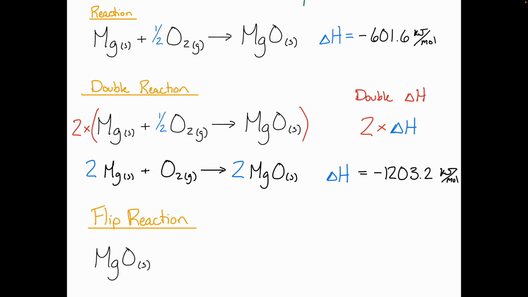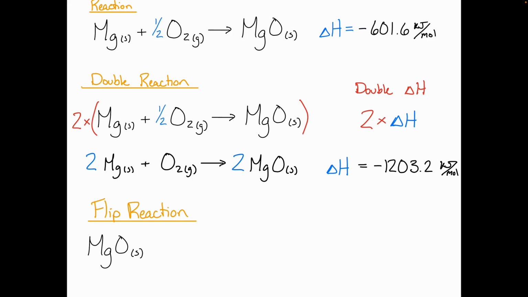But now I'm going to do this decomposition reaction. I'm going to take formerly my product magnesium oxide, put it on the reactant side, and say that this is going to be converted into magnesium and oxygen gas. All right, the exact reverse reaction of what we just had at the top there.